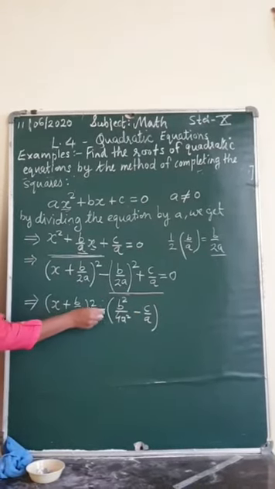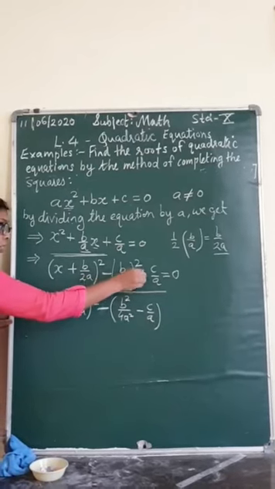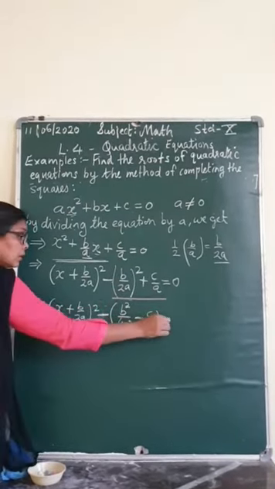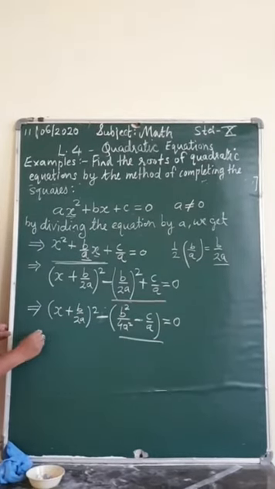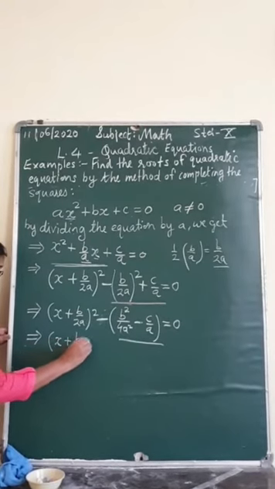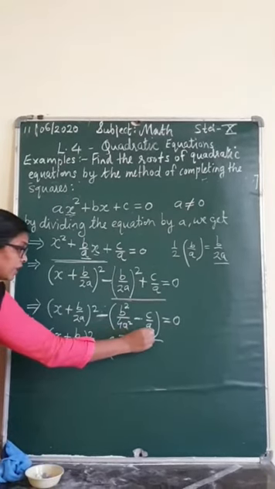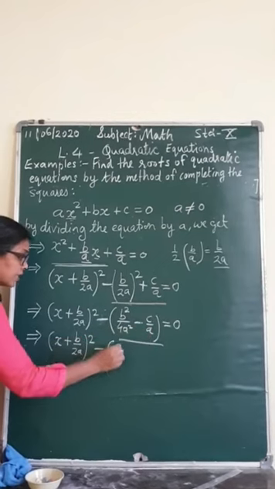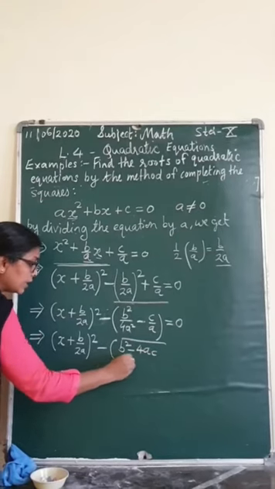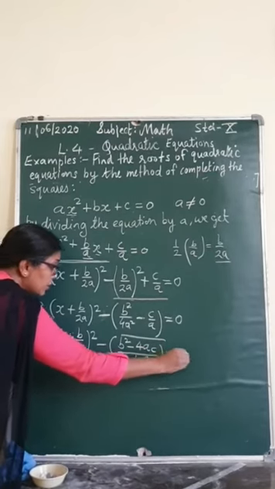How do we get it? If you remove the minus sign here, then to get this plus sign, the sign should be minus. And then solve this bracket. So by solving this bracket we get x plus b upon 2a whole bracket square minus, here we have a, find the LCM of this, that gives us b square minus 4ac upon 4a square is equal to 0.